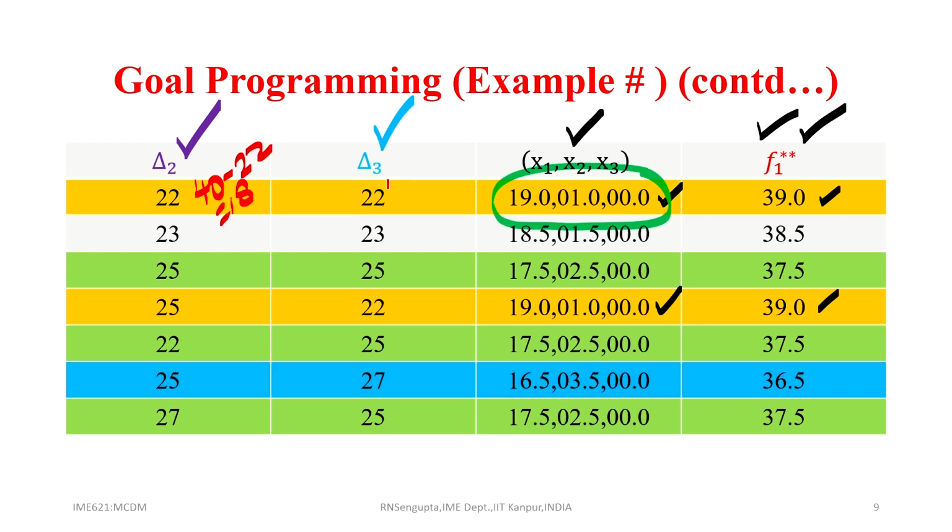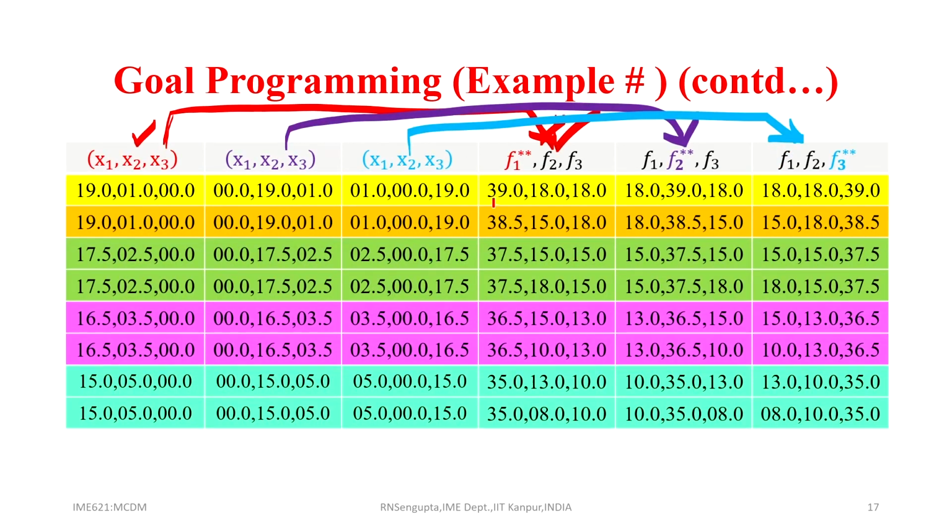Here also 40 minus 22 is equal to 18, and the objective function f1 double star was 39. So, it was 39, 18, 18, which we saw, and the values of x1, x2, x3, which were red in color, are 19, 1, 0. Here it is 39, 18, 18, 19, 1, 0. So, this one.